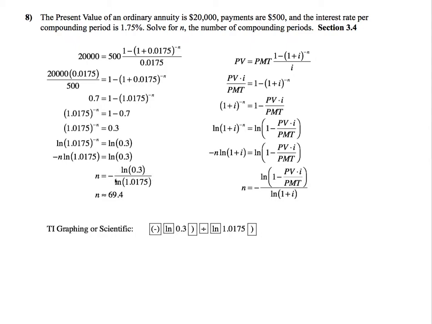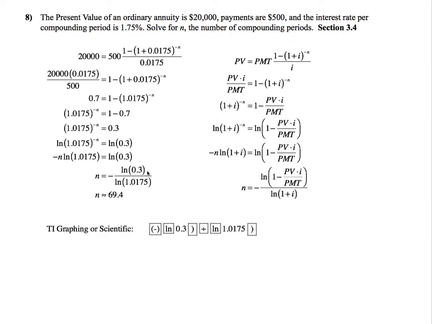So now this solves for n. And entering that into the calculator is a snap, really. It's very easy. We have a negative sign here, and that's the negative sign on either your graphing or your scientific calculator. Then the natural log key, ln, and then this value, 0.3.